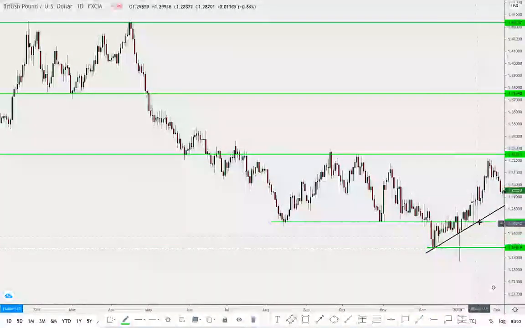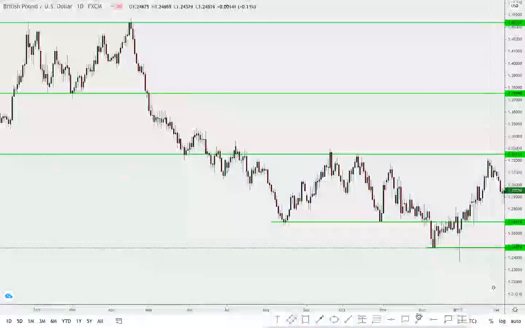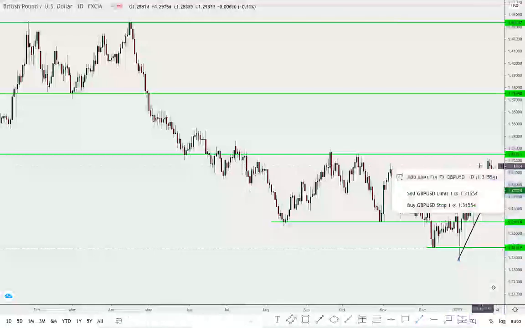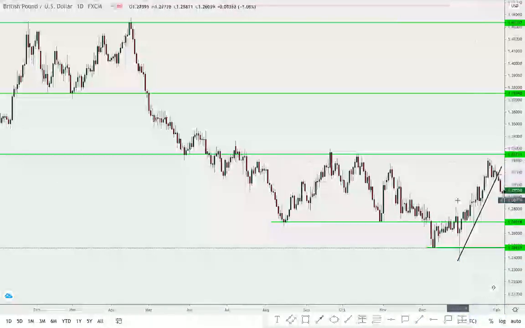Actually, it didn't look like this. It looked a bit like this, a lot more linear.